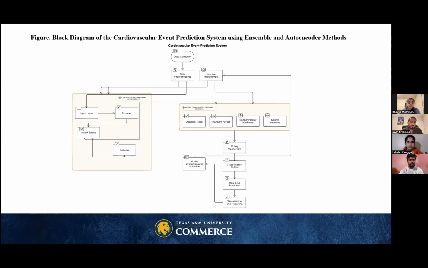Here is the block diagram of our coronary artery disease prediction, which consists of two layers. As shown in the figure, it begins with data collection and pre-processing of the data set. We are collecting the data from the data.gov website, which contains US mortality data related to coronary artery diseases and stroke.